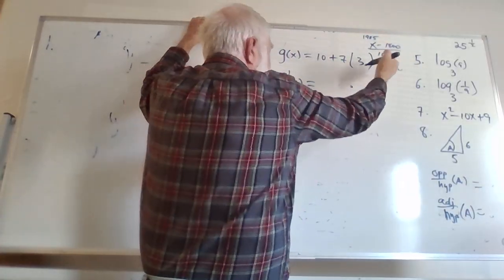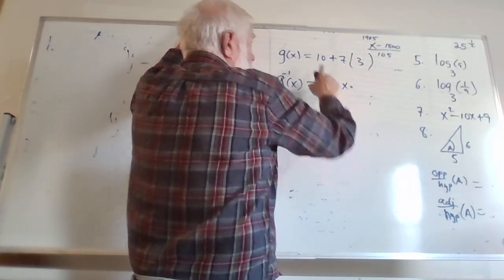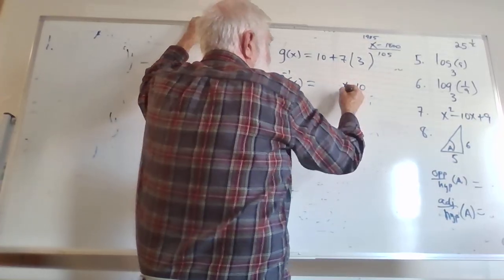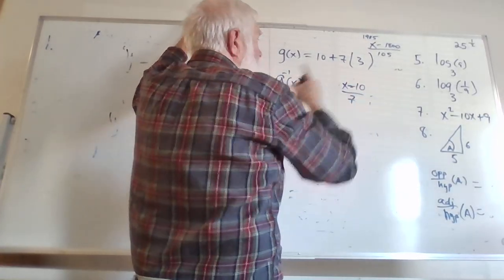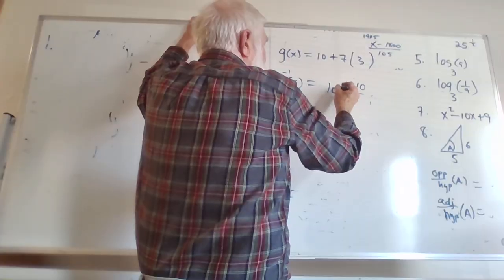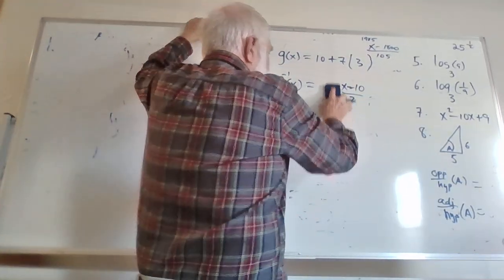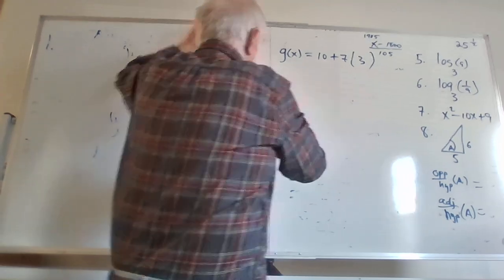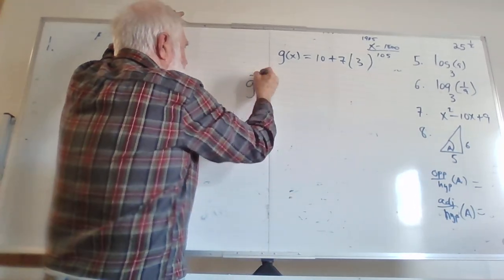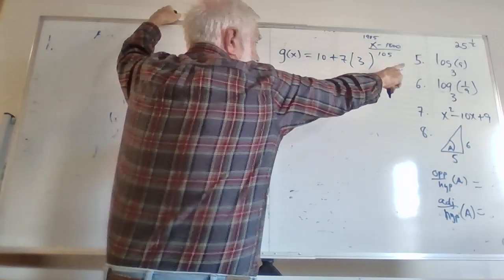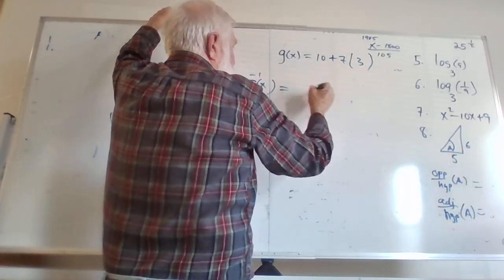So if I was solving an equation, what would I do? I think I'd subtract 10. I think I'd divide by 7. I think 3 to the becomes a log. Oops, I need more space. That'll throw you. The inverse of exponentiating is logging, so let me start again. I solve by subtracting 10.